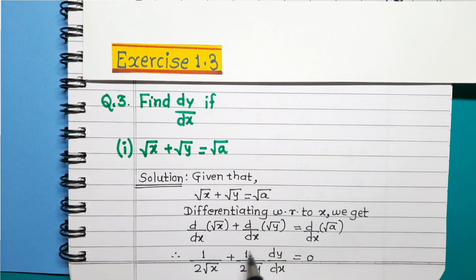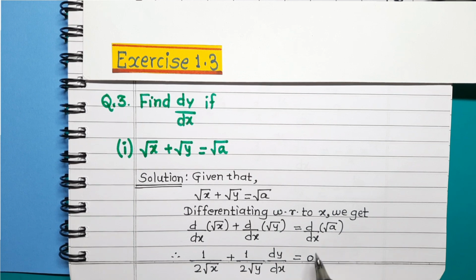See again, this term root y is a composite function. We are going to treat it as root of something. Something is the function y. So for the derivative of root y, we treat it as root of something. So its derivative is 1 upon 2 root of something into the derivative of something, that is function y.